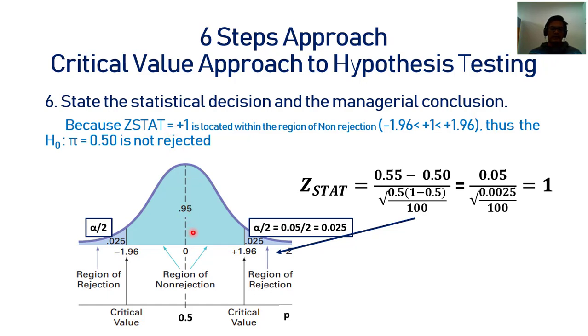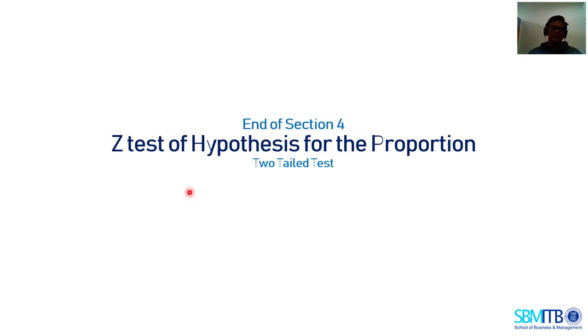Here we can see that the value of +1 lies between the value of minus 1.96 and plus 1.96, which is the critical value of the region of non-rejection and region of rejection. Thus, the null hypothesis, which states that the proportion of Indonesian citizens whose height is equal to 165 centimeter, cannot be rejected. This is the end of section 4, the z-test of hypothesis for the proportion. Thank you.